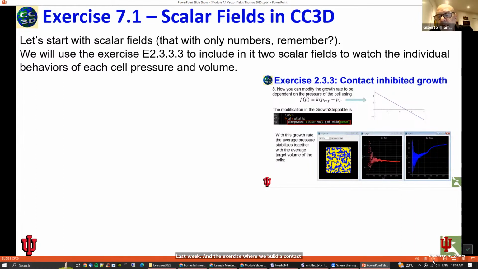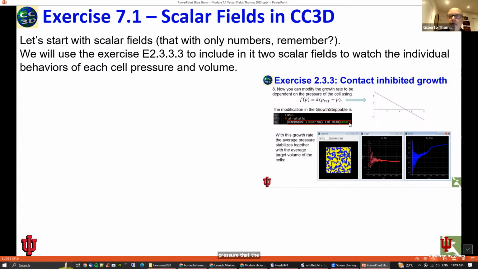Remember that exercise? We have a bunch of cells growing and multiplying, self-dividing in a square grid, and we plot two graph windows where we watch the growth of the target volume of each cell and the pressure that the cells have during the growth.